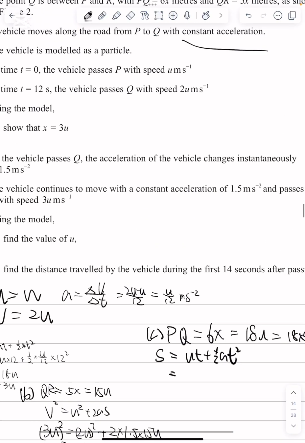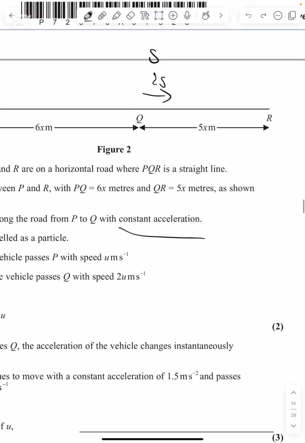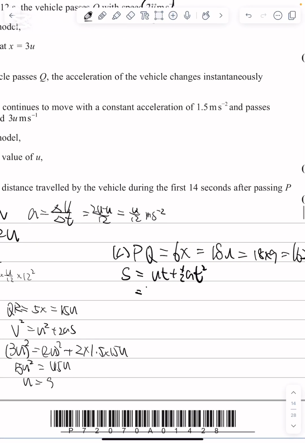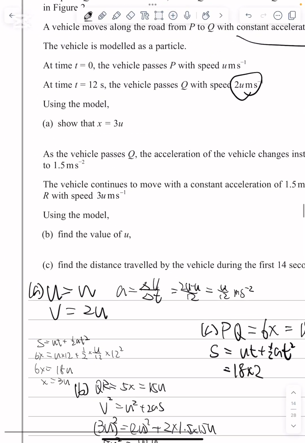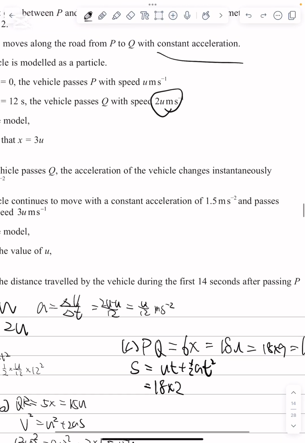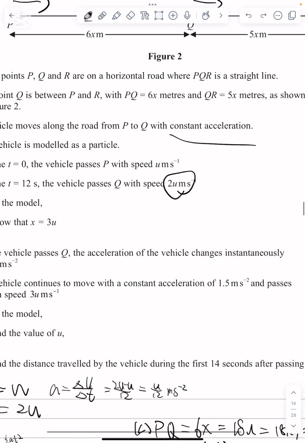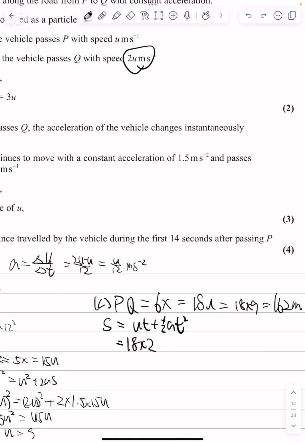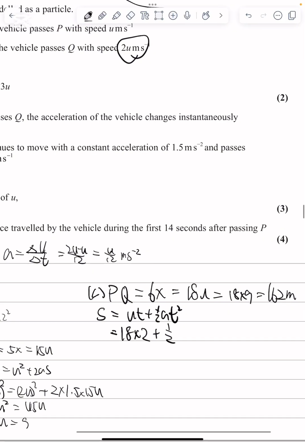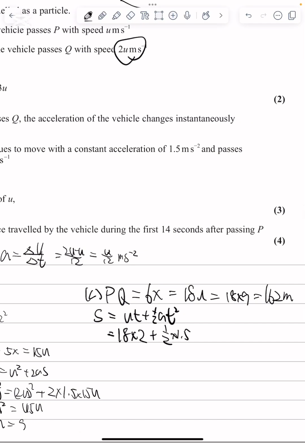And then we know that at point Q, the speed is 2u, so that means it is 18, and time is 2 seconds, because we're trying to find 14 seconds of distance traveled, and we already used 12 seconds to travel PQ, so we have 2 seconds remaining. And then 1/2 times acceleration, which is 1.5 given here, and then 2 squared.